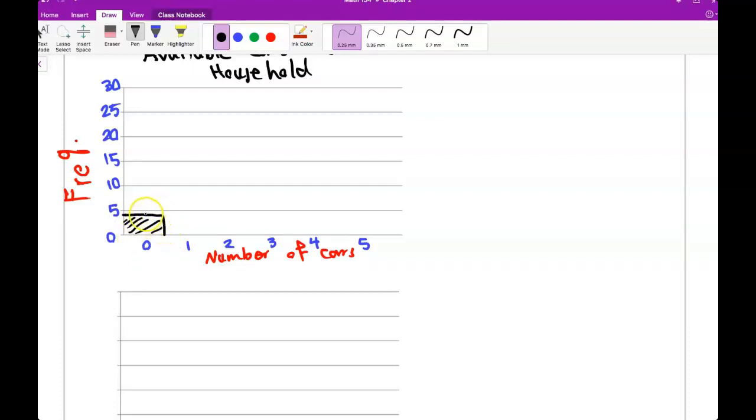For 1, we had 13. Okay, I want to use different colors so you can see.